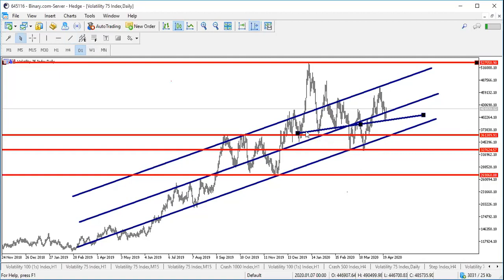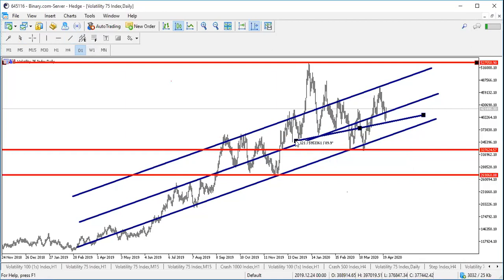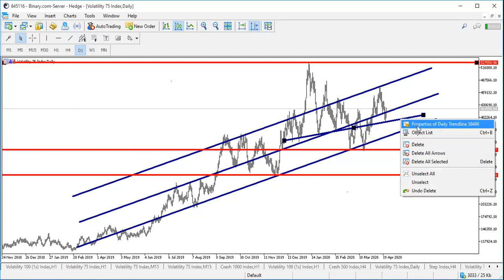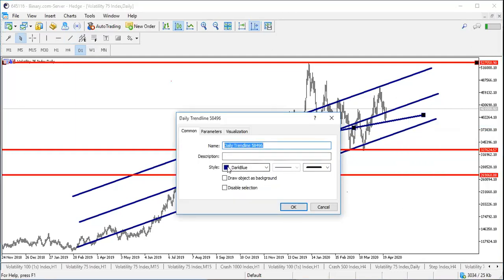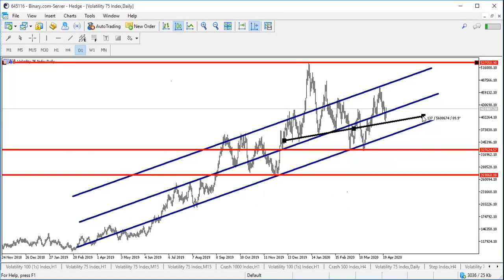For example, let me remove this one in the meantime. We can see here that from this point, our price has been respecting this support line.